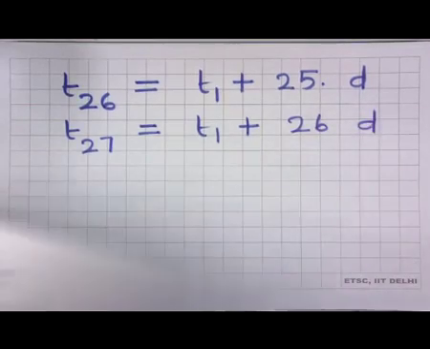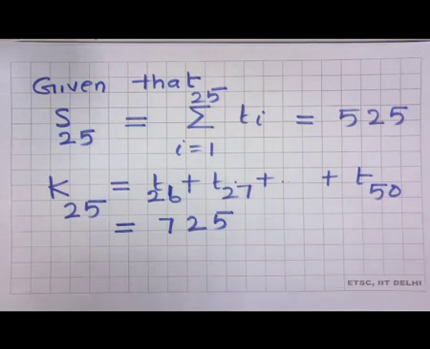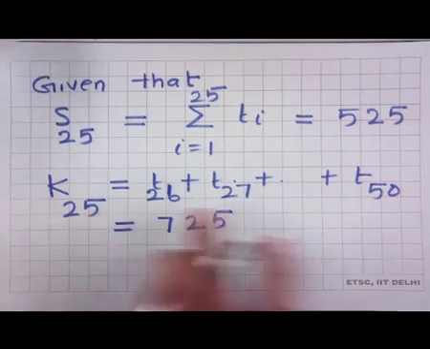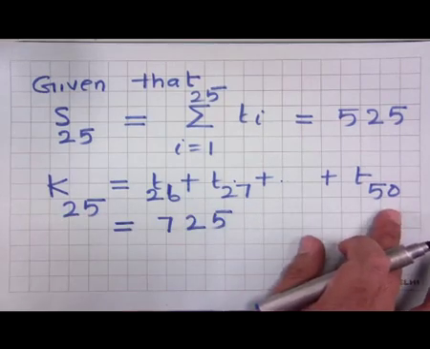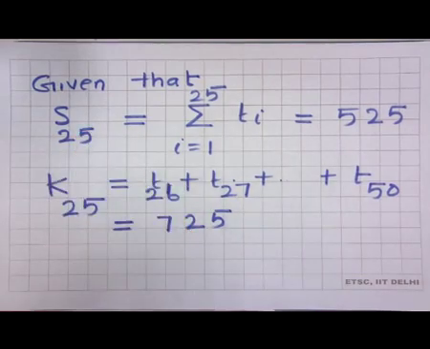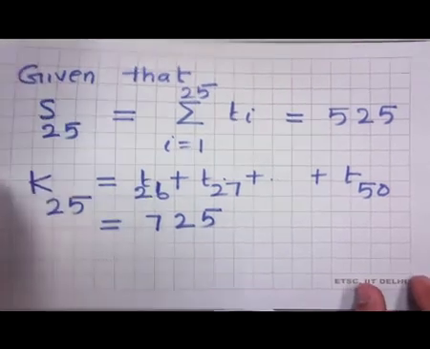With the intention of connecting K25, namely the sum of the next 25 terms of the AP, with S25, namely the sum of the first 25 terms of the same AP, let us do the following.